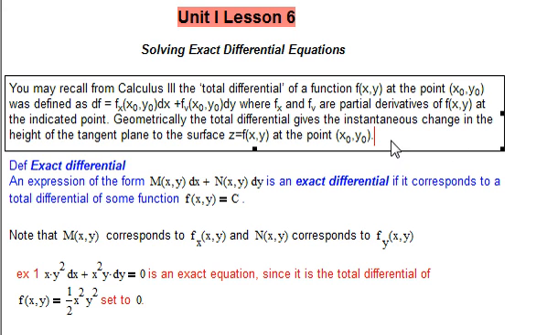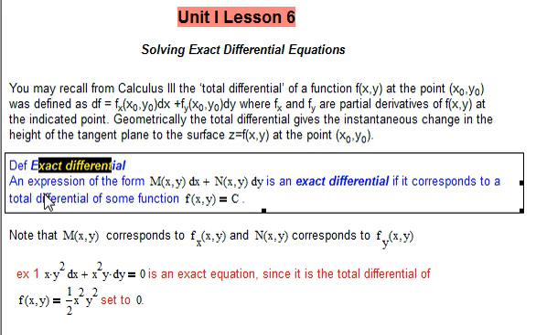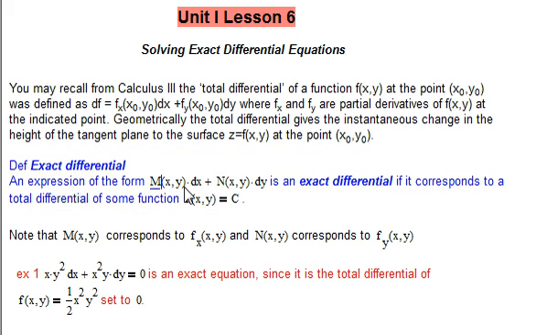So, alright, let's go look at this from a viewpoint. What is an exact differential? An expression of the form m of xy times dx plus n of xy dy is an exact differential if it corresponds to a total differential of some function that looks like this.